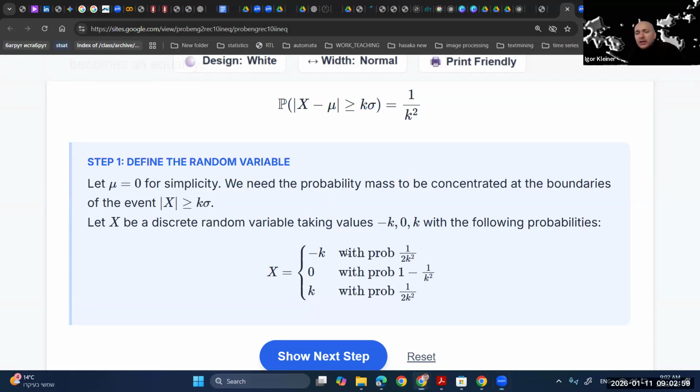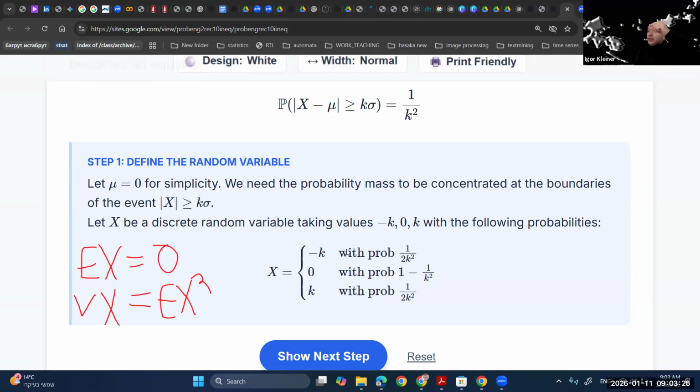Okay, so let us check again. Everyone sees that the expected value of x is 0, it's symmetrical. Let us find the expected value of x. Variance of x equals expected value of x squared minus the square of the expected value. The expected value is 0, so minus 0 squared.